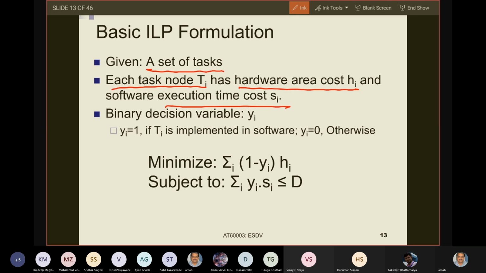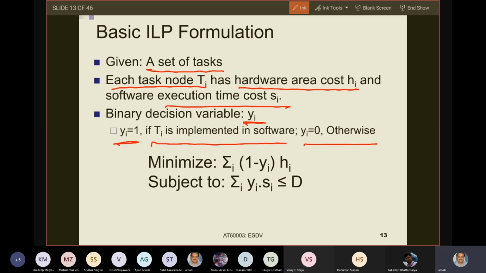Let us say I have a binary decision variable Yi. Yi equals 1 if Ti is implemented in software, and Yi equals 0 otherwise. That means if Ti is implemented in hardware, the decision variable is 0, and if Ti is implemented in software, the decision variable is 1.